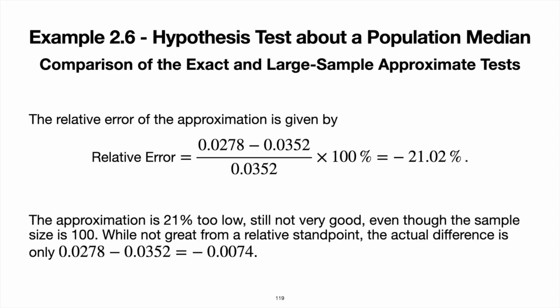And they actually are in this case, aren't they? N times p, 100 times 0.5 is 50, and so is n times 1 minus p. So those are both quite a bit bigger than 10. But the place where you see the approximations being not so good, even for a sample size of 100, are out there in the extreme tails.